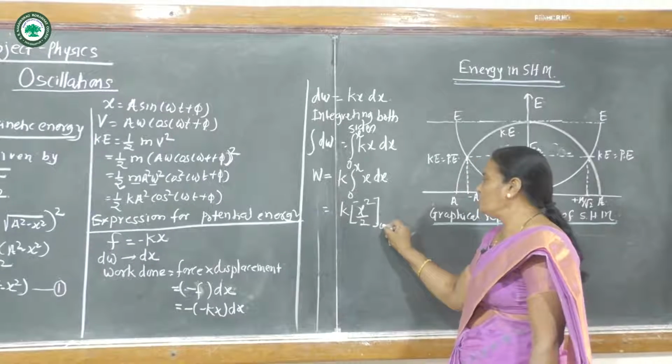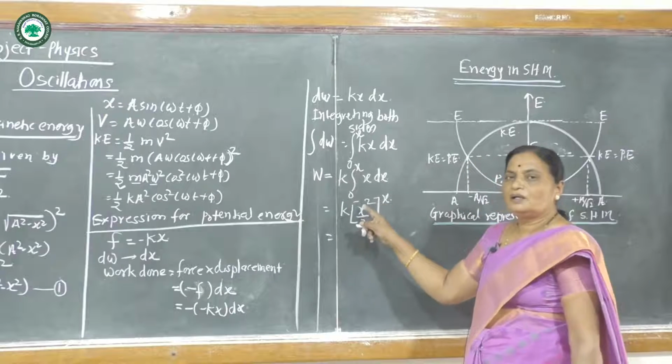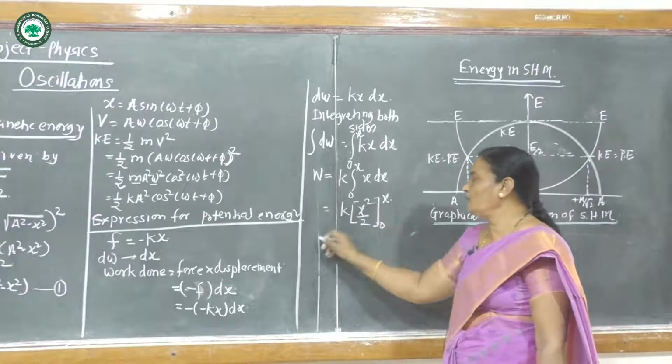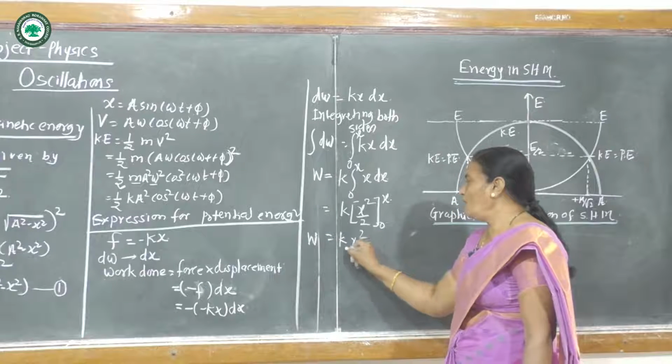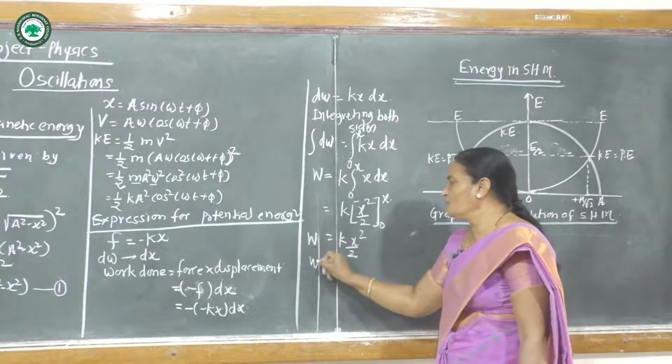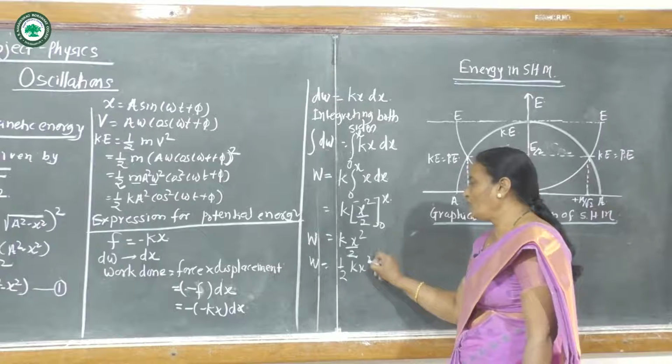Substituting upper limit x minus lower limit 0, it becomes kx square divided by 2, that is W is equal to 1/2 kx square.